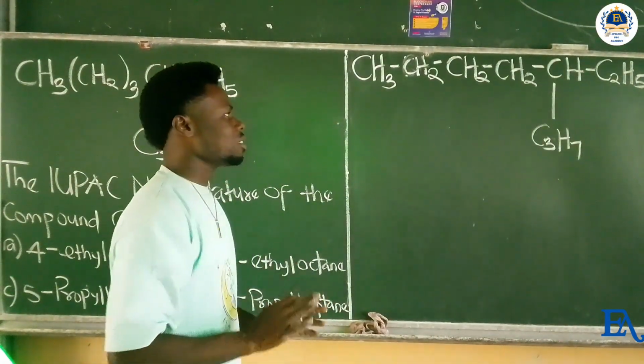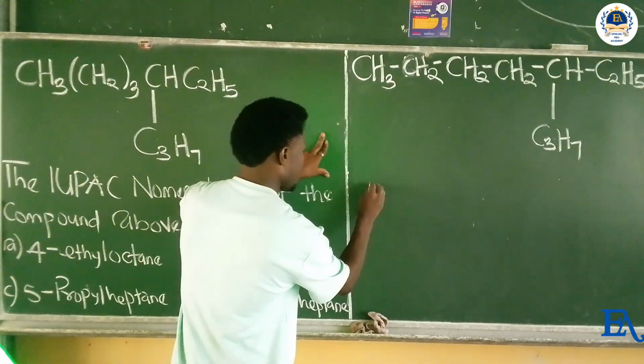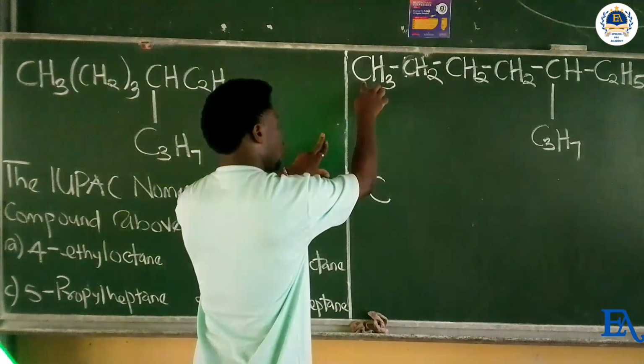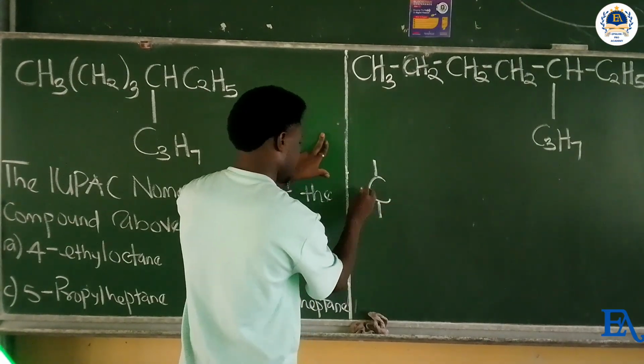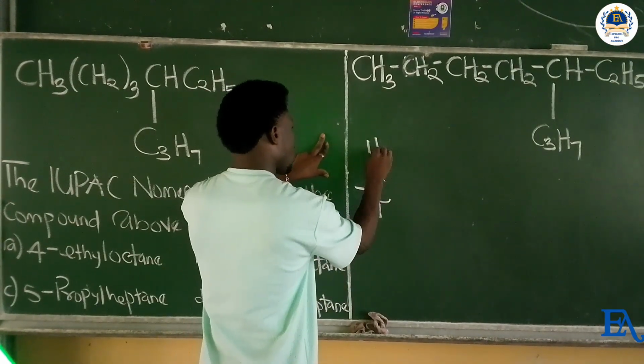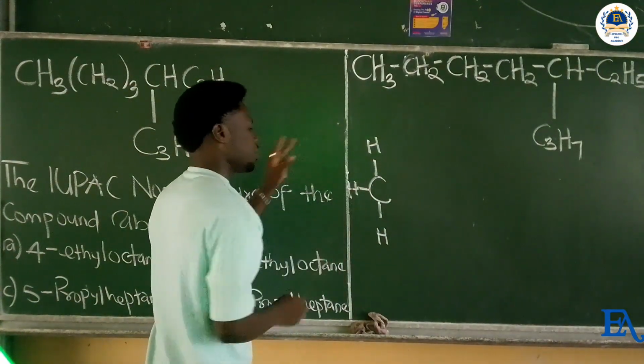Next, let us break it down into a simpler form. From here we have 1C, 3H. The 3H is attached to this C, so we have 1H, 2H, and 3H.